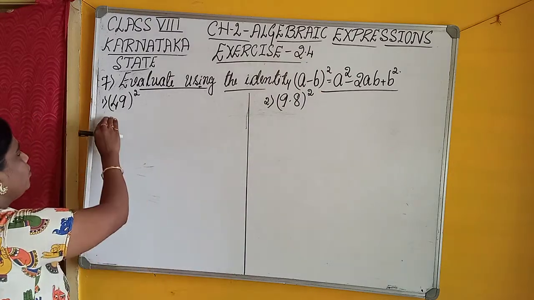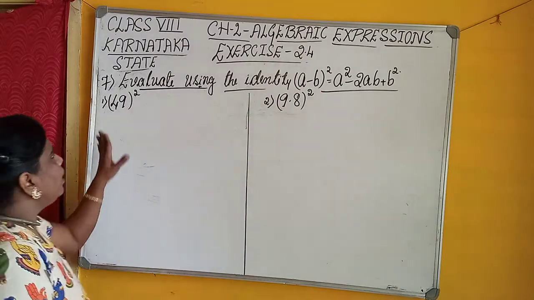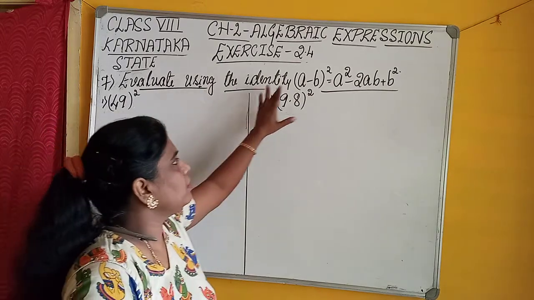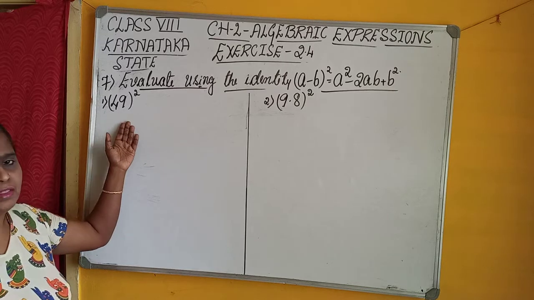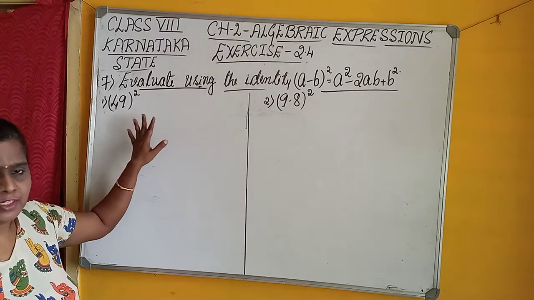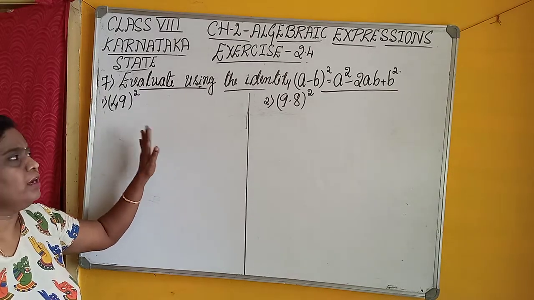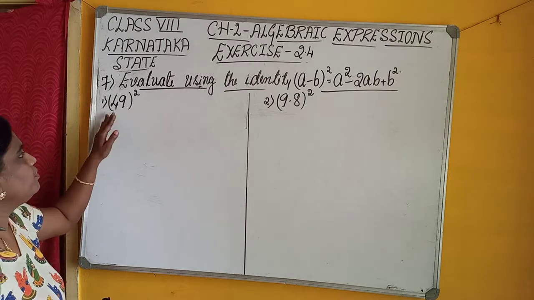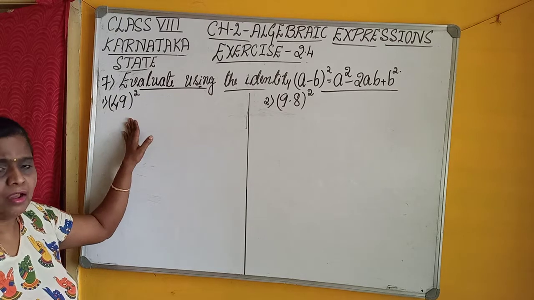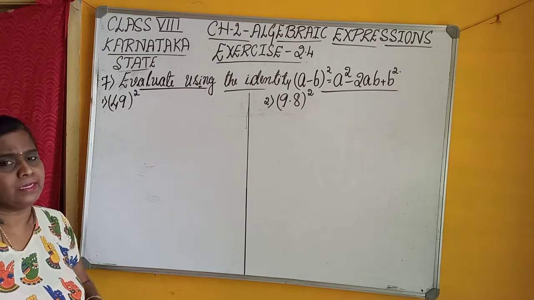Okay. Therefore, 49 whole square, we have to make this 49 in the form of a minus b. We have to write it in the expanded form, like that. It should be in the a minus b form. How? If you want to write 49 in the form of a minus b, how can we write it?